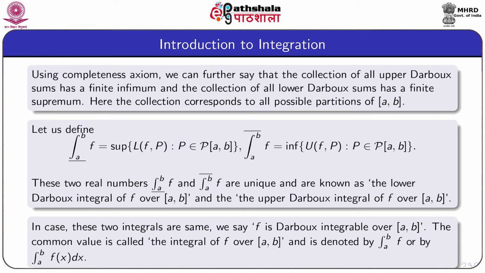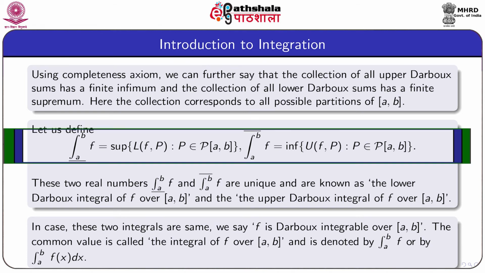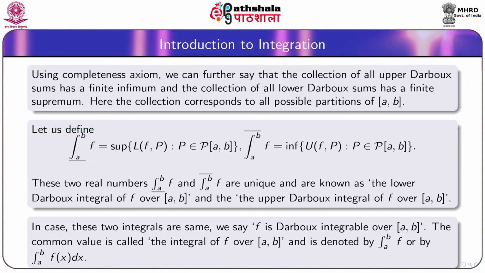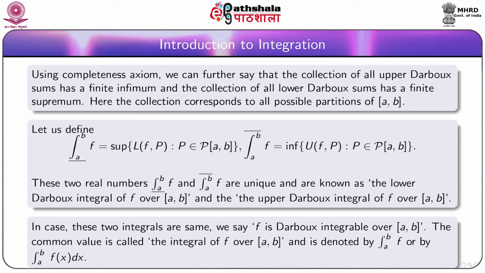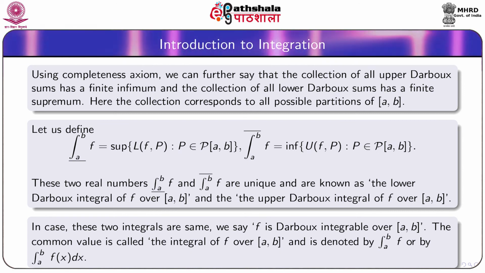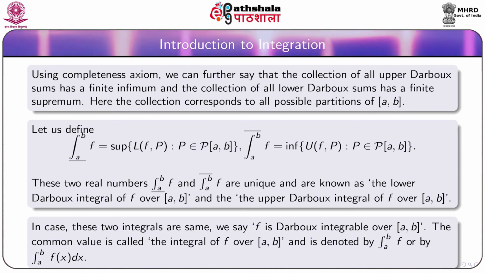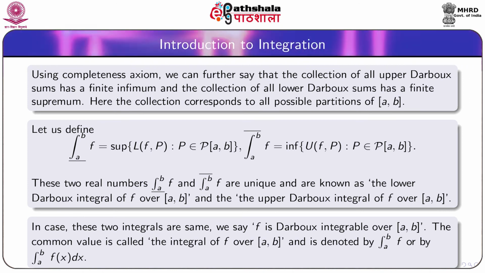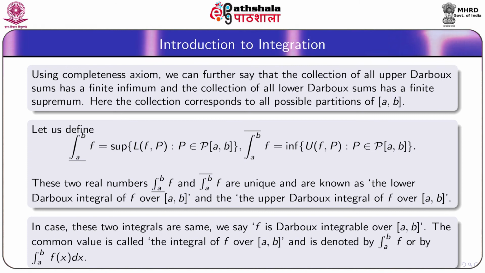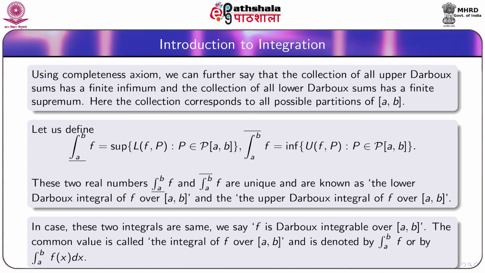Let us define the lower integral from a to b of f equal to the supremum of L(f,P), where P runs over arbitrary partitions of [a,b], and the upper integral from a to b of f equal to the infimum of U(f,P), where P is any partition of [a,b]. These two real numbers, the lower integral and the upper integral, are unique.